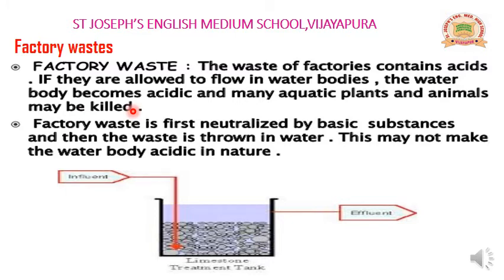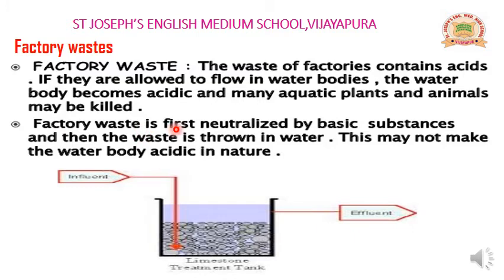Most aquatic plants and animals survive in water. If we throw this highly acidic factory waste into the water, definitely it will be dangerous for their life. So they all are killed.